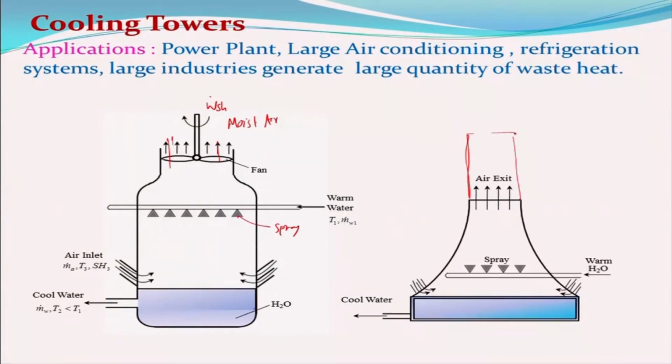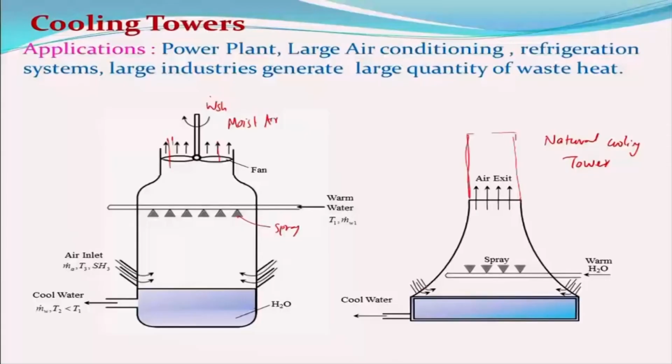This is known as a natural draft cooling tower. It is like a chimney, like you might have seen here in the Kanpur area, where there are a lot of brick industries. The chimney is a tall structure. The curvature is very important for the design and for how it takes care of that part.